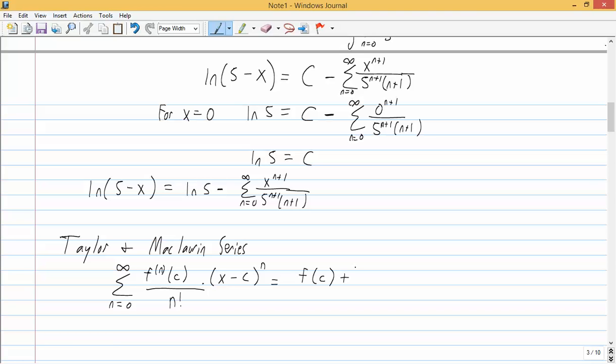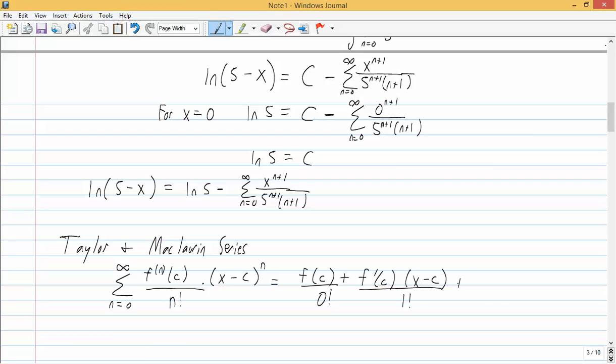Plus, if we plug in a 1 here, it will be the first derivative evaluated at c times x minus c to the first power over 1 factorial. I'll write the 0 factorial and the 1 factorial on the bottom here, but usually they're not written in the formula because 0 factorial and 1 factorial are just 1.